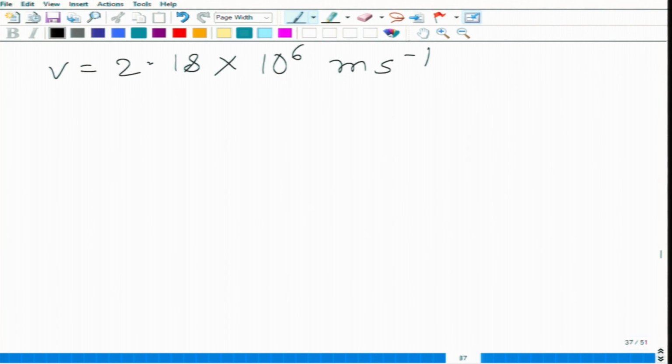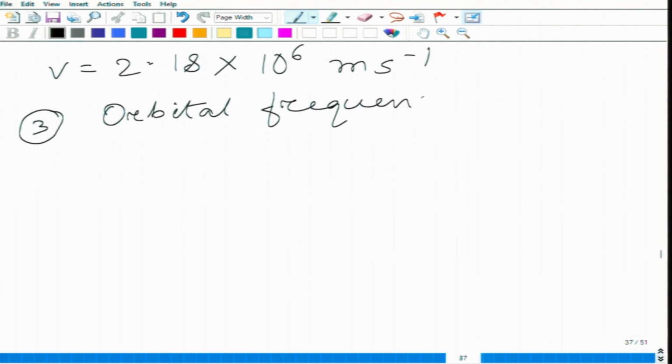Okay. Now, the third parameter is the orbital frequency. What is the orbital frequency?